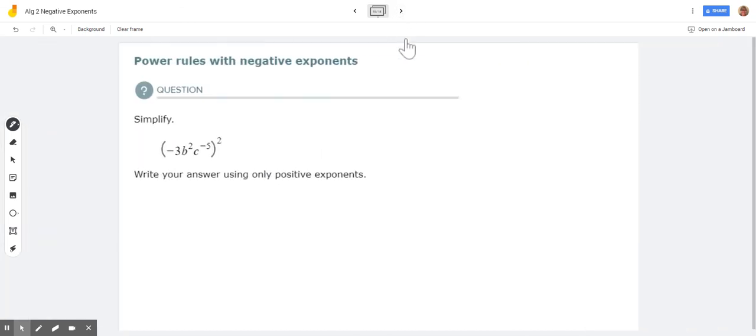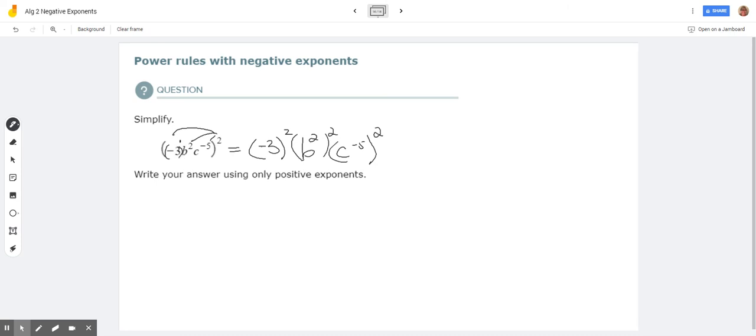Okay, last one. Power rule with negative exponents. Same thing applies. This can be rewritten as negative 3 squared times b squared times c to the negative 5th squared. Basically, you're distributing to every single one, and you can consider this one your base.